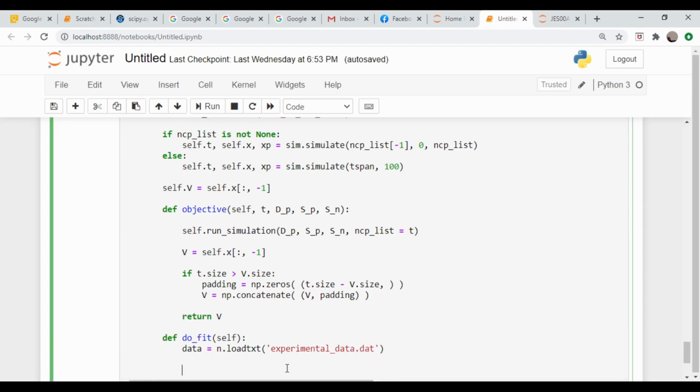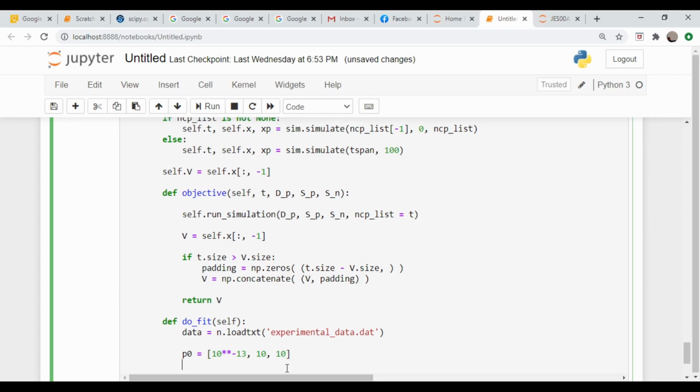Okay. I need to create a vector of initial conditions, so I'm going to guess the diffusion constant is 10 to the minus 13. The cathode surface area is 10 square meters, and the anode is likewise 10 square meters. So now all we have to do is call the curve fit function.